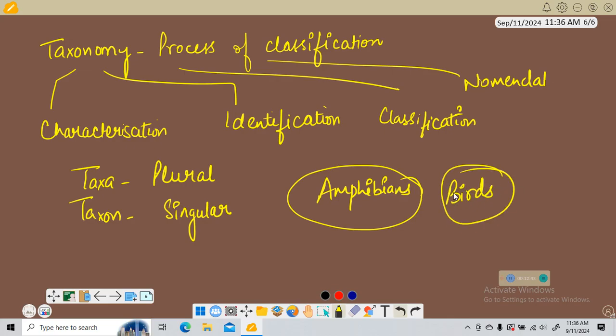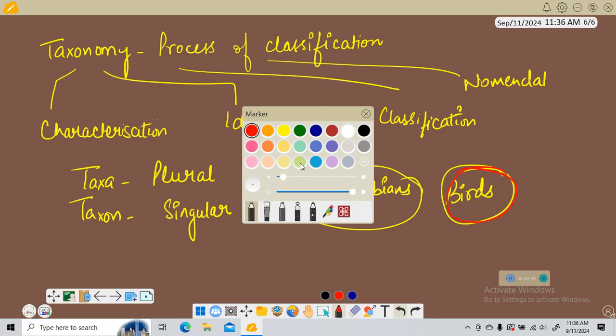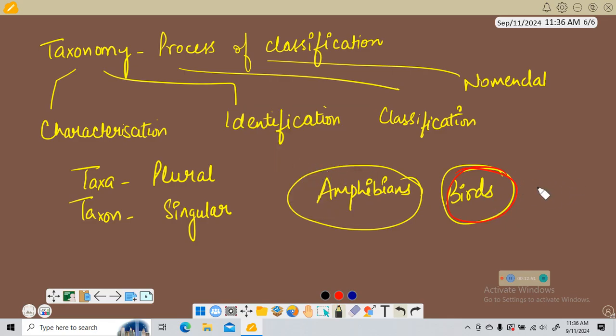If I talk about birds, this is a different category, aerial. If I talk about terrestrial beings like mammals, dogs, cats, this is a different category. So these are basically taxa categories.